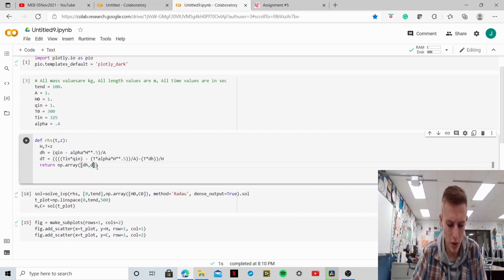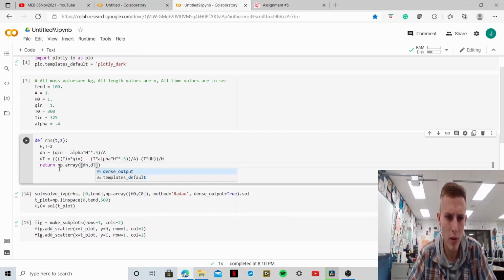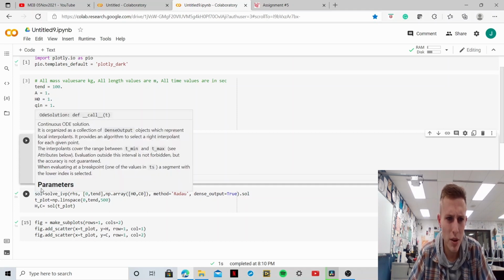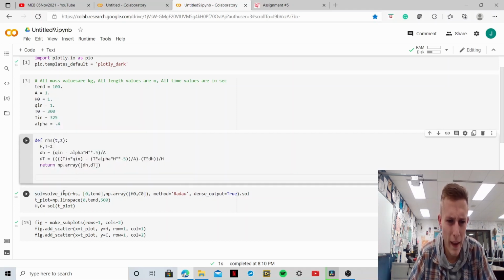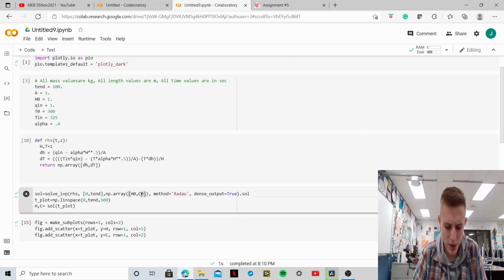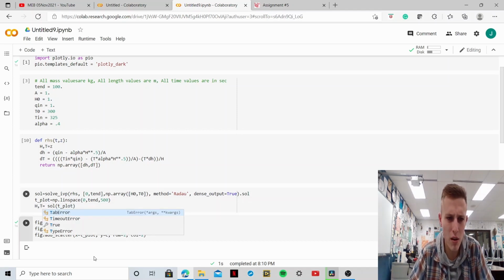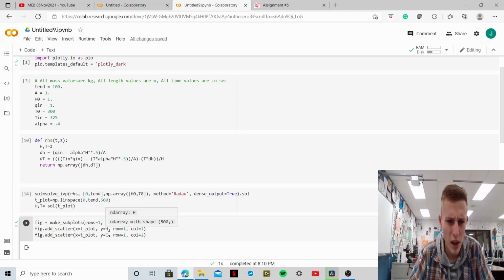Okay, so now we change out our numpy array here in the return function. Come down here to this part, and our right-hand functions now change correctly. Our C of 0 needs to be T of 0, and then everything else stays the same here. Change our concentration to a temperature here, and we'll change our concentration down here to a T, for temperature.